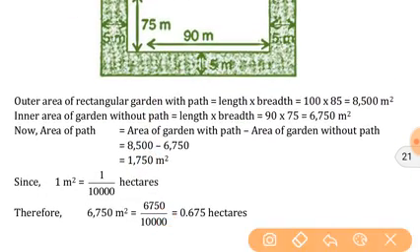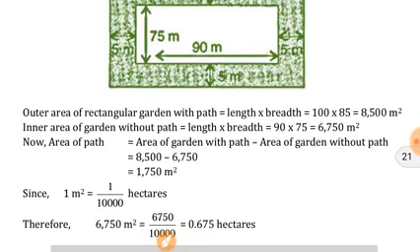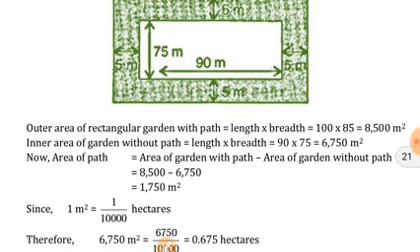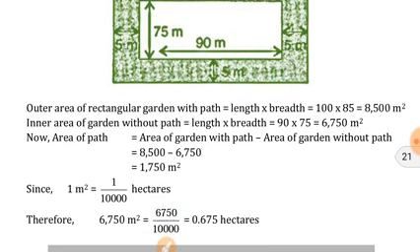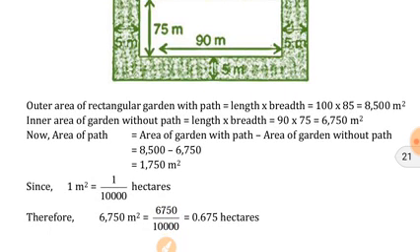Therefore, the outer area with path is 100 into 85, 8500 meter square. The inner area without path is 90 into 75, so it is 6750 meter square. Now the area of the path, only this much we need, means bigger minus smaller, as we did in a circle. Same way. Therefore, 8500 minus 6750 is 1750 meter square.